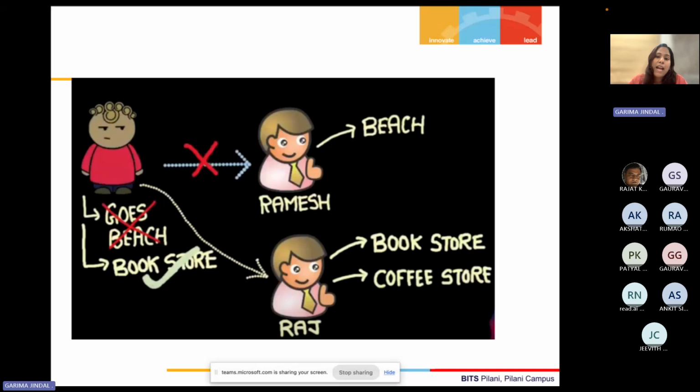Raj suggests a bookstore. He says that this is a bookstore near your hotel. You can go there and read books, and there's some cool stationery. Based on his suggestion, I visit this bookstore, and I really enjoyed it. The next day, again after work, I'm free.